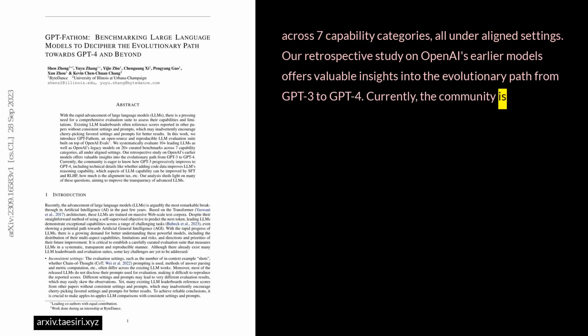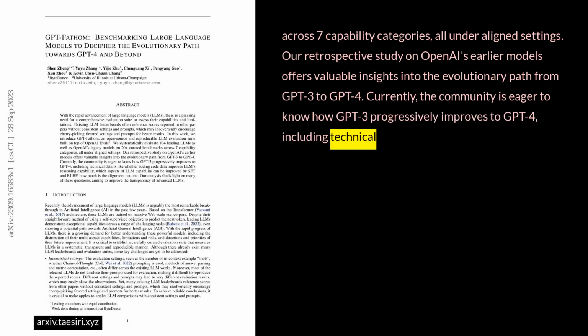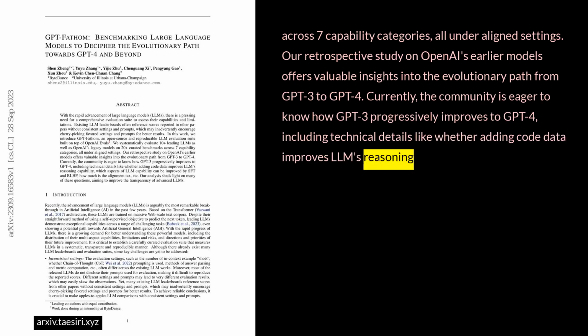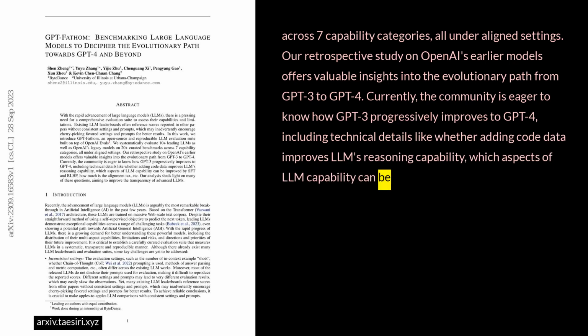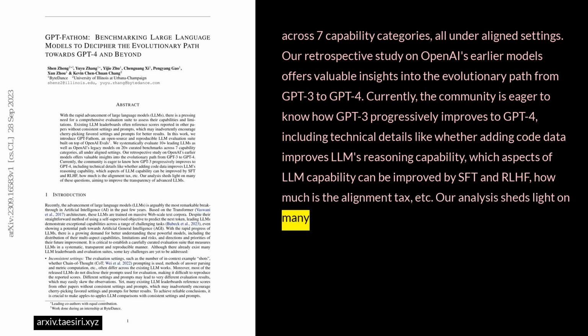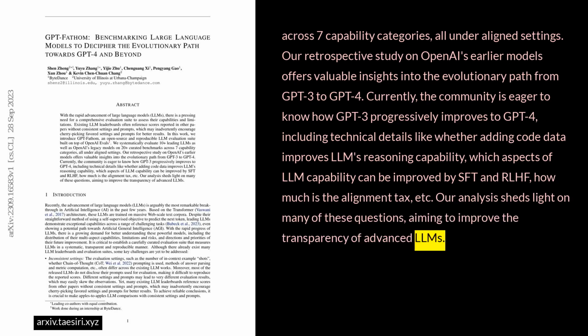Currently, the community is eager to know how GPT-3 progressively improves to GPT-4, including technical details like whether adding code data improves LLM's reasoning capability, which aspects of LLM capability can be improved by SFT and RLHF, how much is the alignment tax, etc. Our analysis sheds light on many of these questions, aiming to improve the transparency of advanced LLMs.